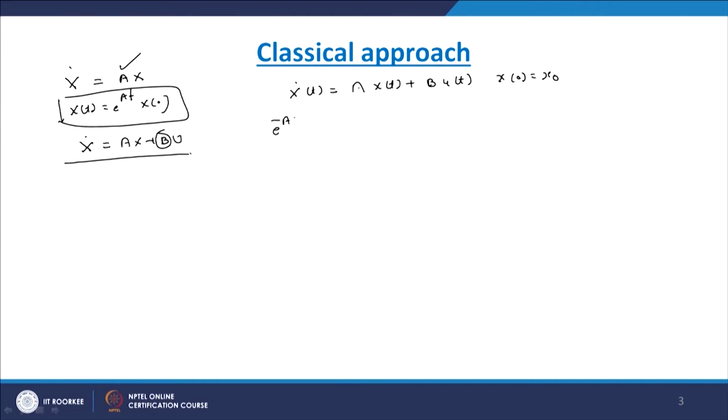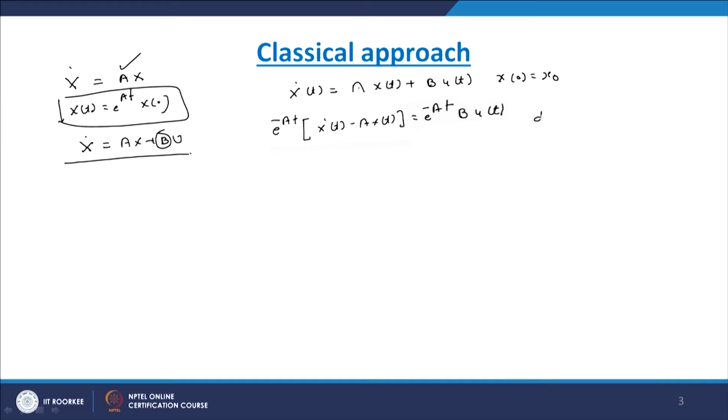We will multiply this equation on both sides by e raised to minus At. So, we will get e raised to minus At into x dot t minus A x of t equal to e raised to minus At B into u of t.